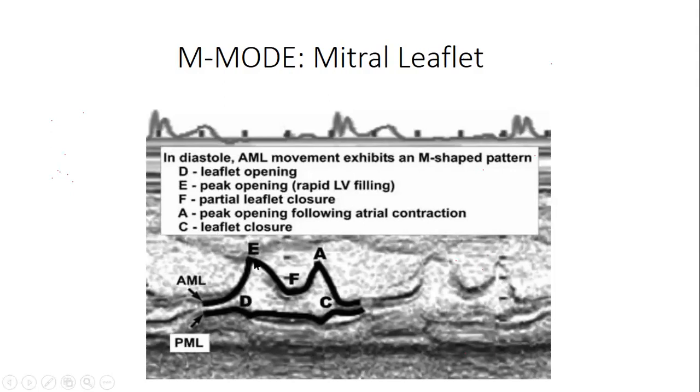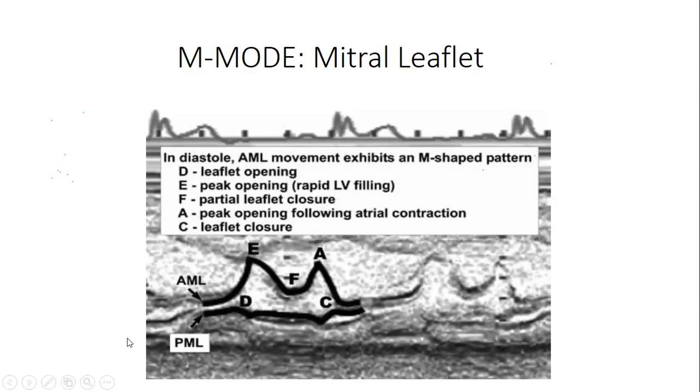The E, the peak opening, rapid filling. The F, the partial leaflet closure. It comes down. Again, it will go up, the peak opening, the atrial contraction. I'll come and explain this. Don't worry, please. The C, this is the leaflet closure. So once they come together here, they close.